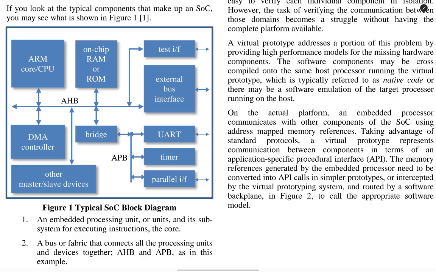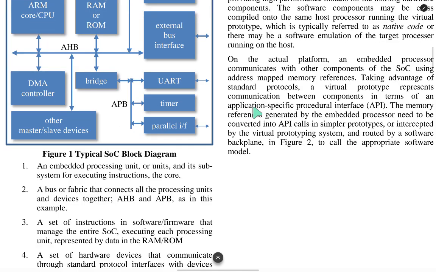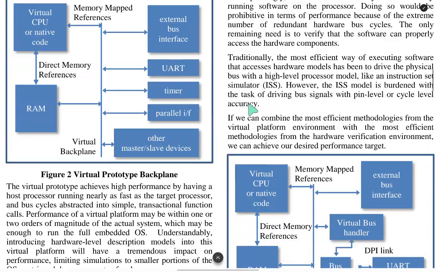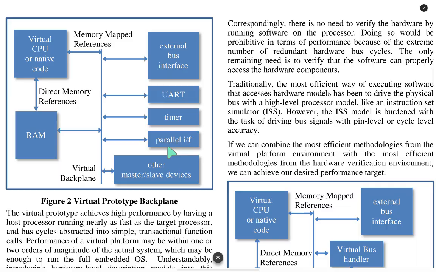The memory references generated by the embedded processor need to be converted into API calls in a simpler prototype, or intercepted by the virtual prototyping system and routed by a software backplane, as in Figure 2, to call the appropriate software models. Figure 2. Virtual prototype backplane.